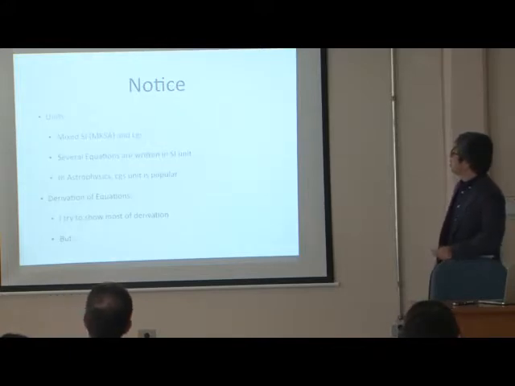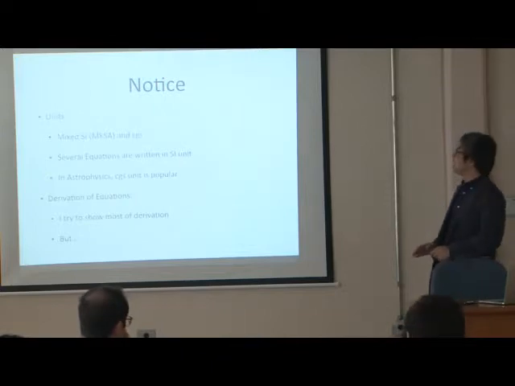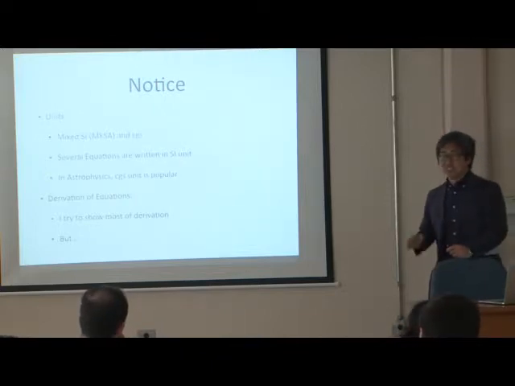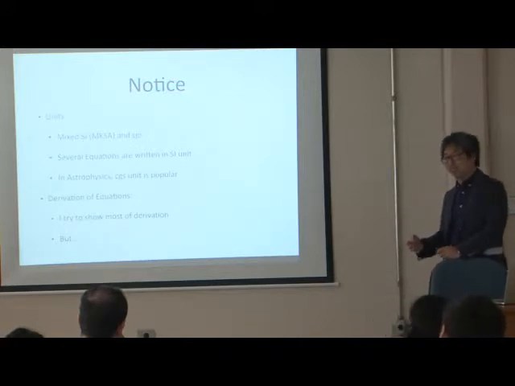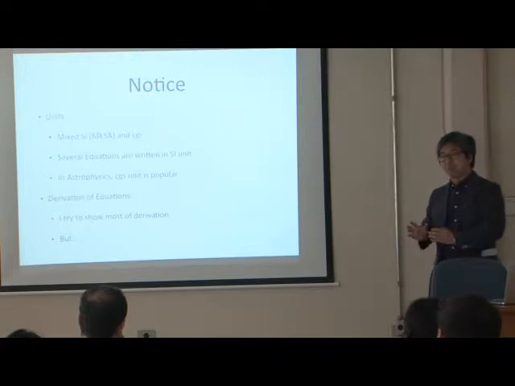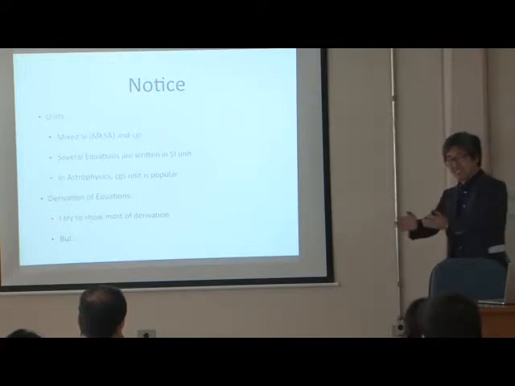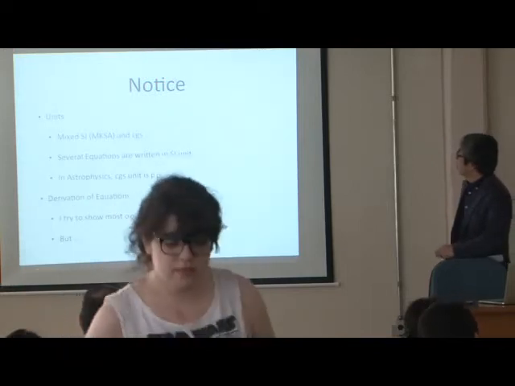So this is a notice. I mix the SI and CGS units. Some equations are written in SI units and some in CGS units, because I took some from my previous lecture notes. Sometimes they are written in SI, so I hope it doesn't confuse you too much.